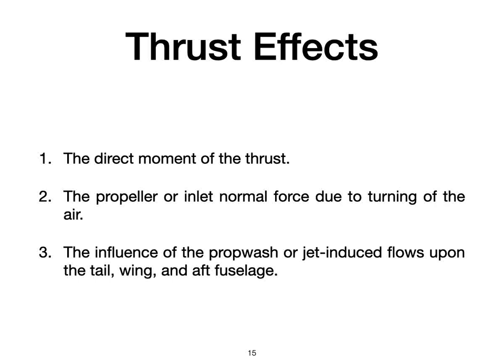This normal force equals the mass flow into the inlet times the change in vertical velocity. Third, the influence of the prop wash or jet induced flows upon the tail, wing, and aft fuselage. The prop wash affects the downwash seen by the horizontal tail and reduces the tail's effectiveness.